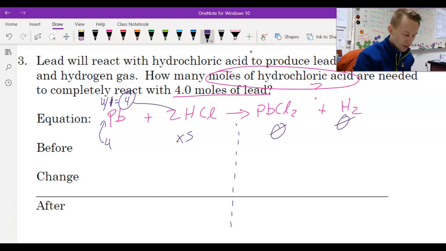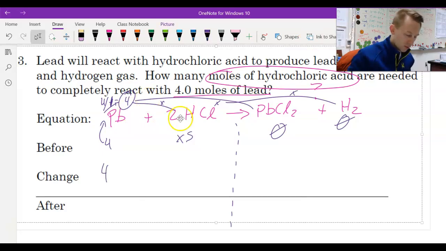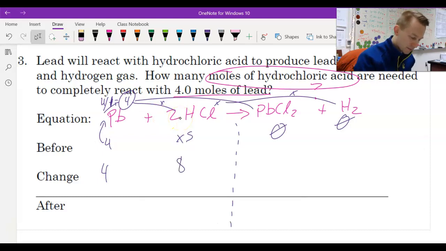We're going to multiply that by each of the coefficients. This one's nice, we can do it mostly without a calculator. 4 times 1 is 4 for lead, 4 times 2 for HCl is 8, and then we just get 4 and 4 over here.